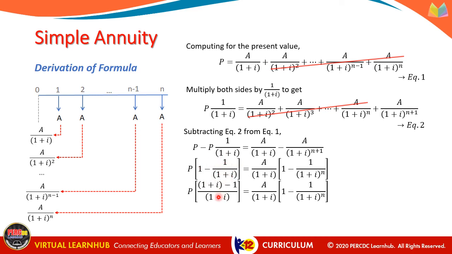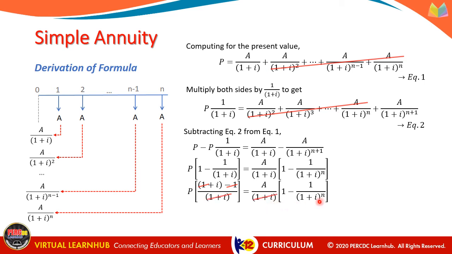Next, on the left side of the equation, this 1 minus 1 over 1 plus I can be written as 1 plus I minus 1 over 1 plus I. If we write it this way, we can now cancel 1 and minus 1. Next, we can now cancel 1 plus I on the left side of the equation and 1 plus I on the right side of the equation.